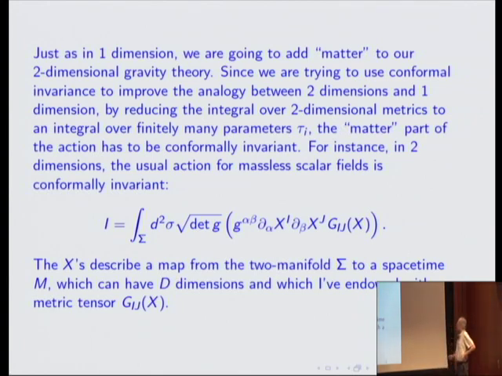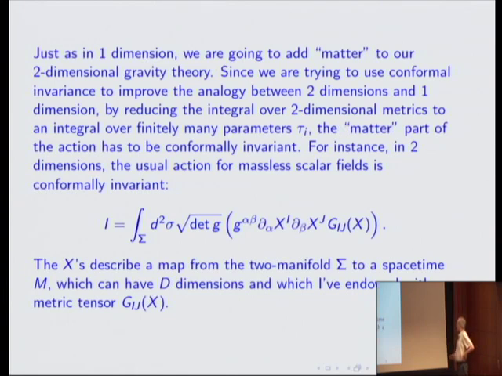So G, I think unfortunately I call it elsewhere H, but anyway, G is the metric of the two-dimensional surface. The x's describe a map. The x's are coordinates telling you the position of the two-manifold sigma in space-time, which can have d dimensions.